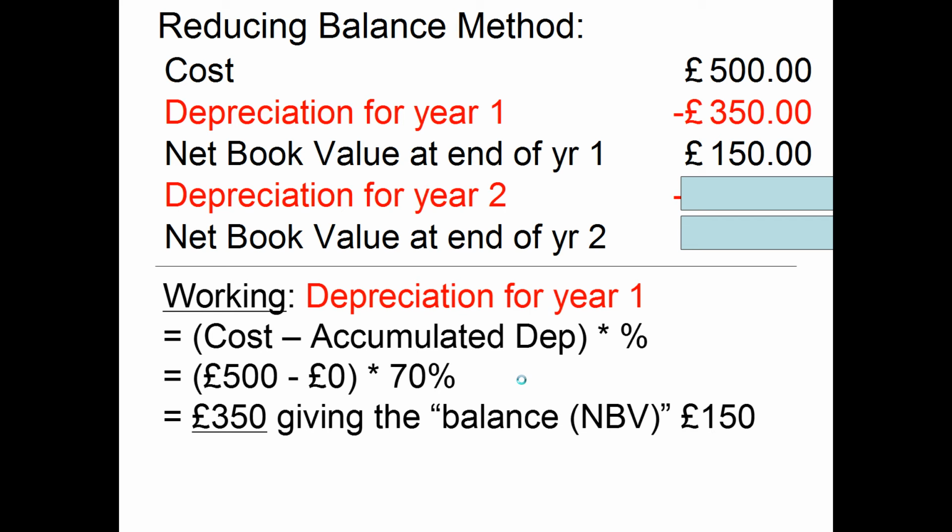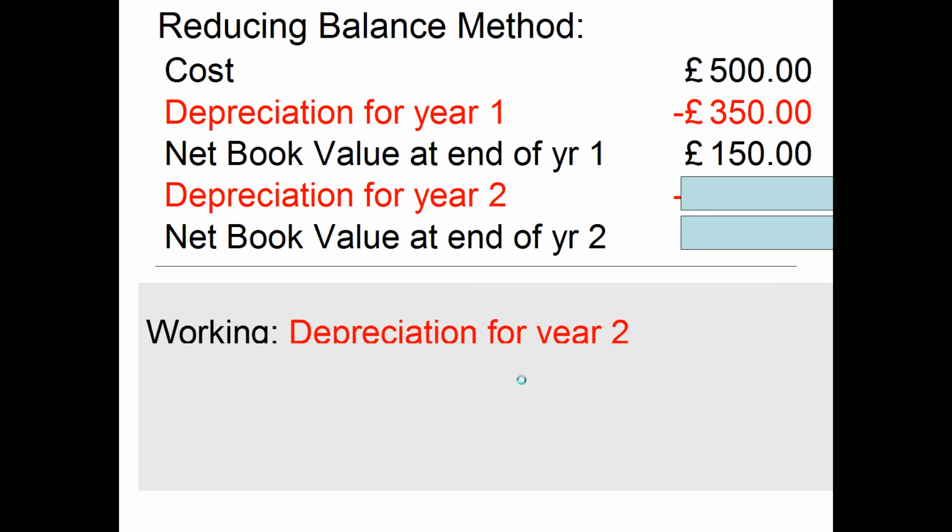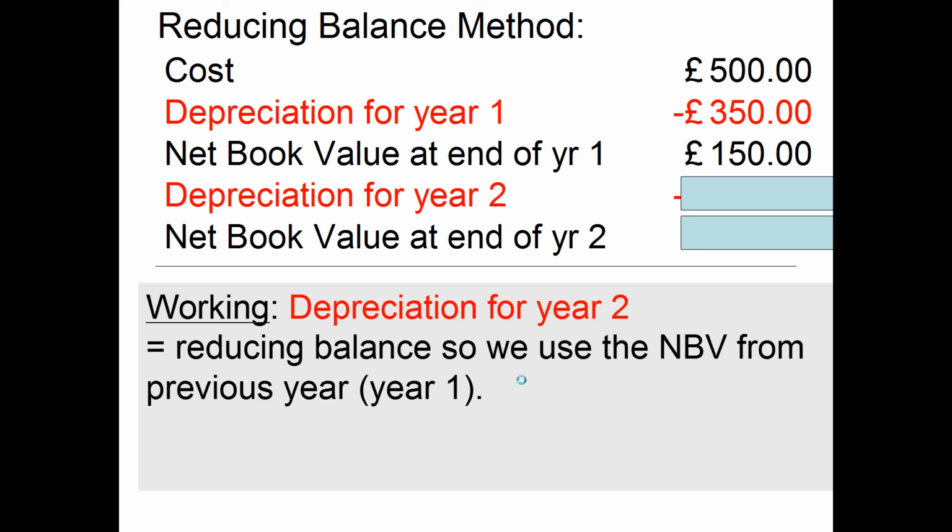So it's £150 we've arrived at from the end of year 1 times 70%, and that gives us £105, which is the depreciation, which is taken away from the net book value, and that gives us £45 left as the net book value at the end of year 2.